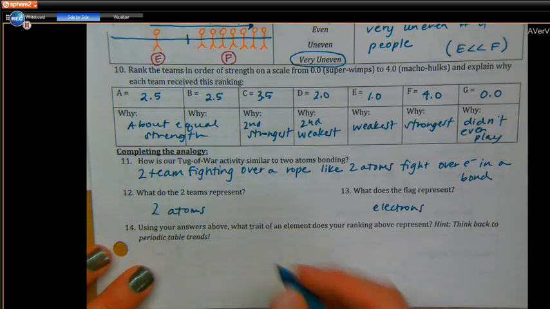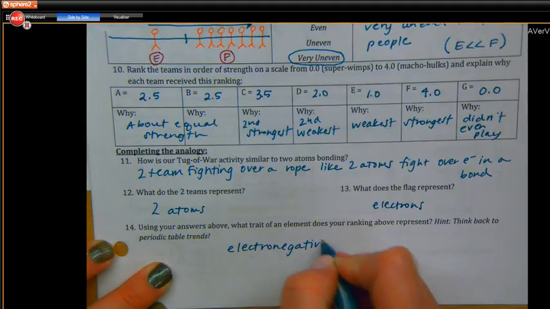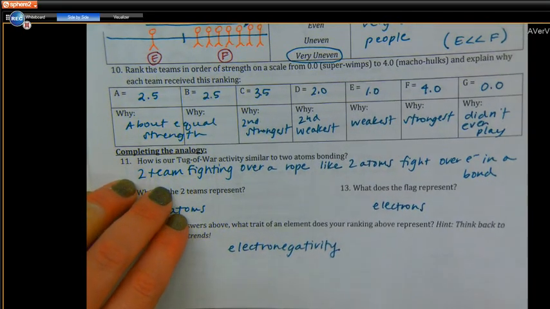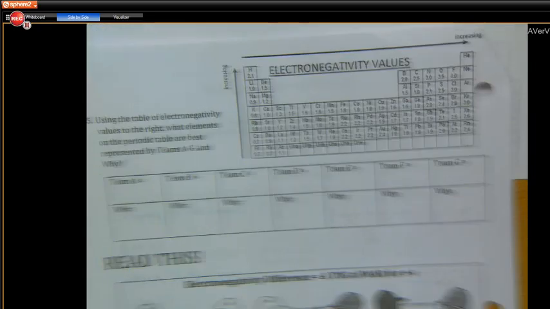So what I would like for you guys to do now is, if you turn over the page, you've got a table of electronegativity values, okay? You can see that it increases as you go up and to the right. I want to have you find what elements on the periodic table best represent teams A through G on the front. So A we said and B we said were 2.5, G was 0.0, F was 4.0.